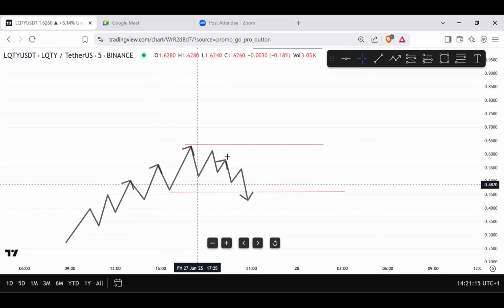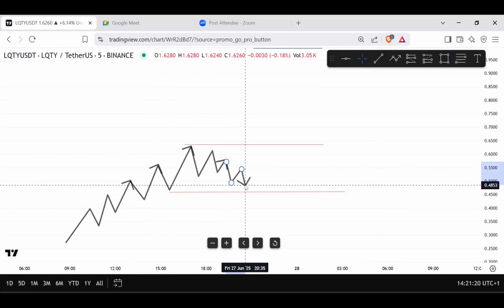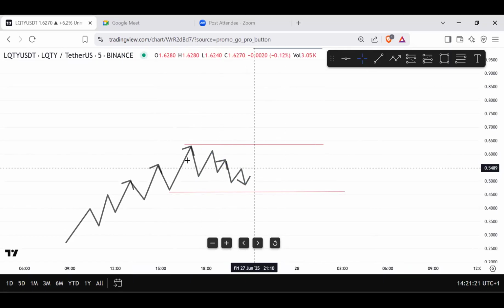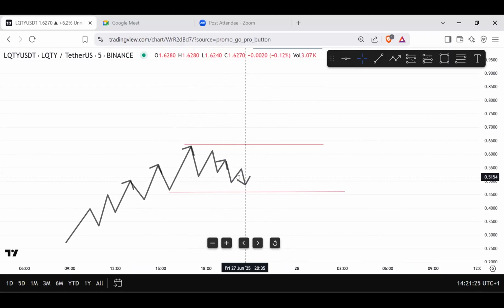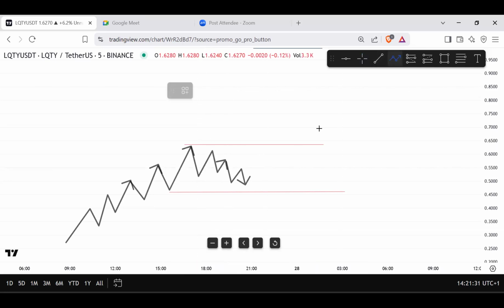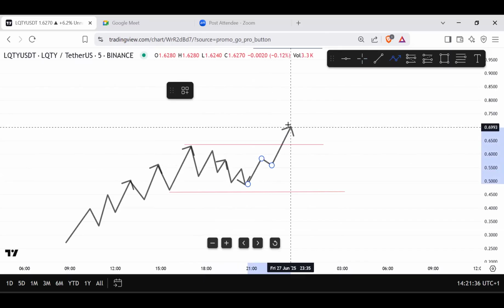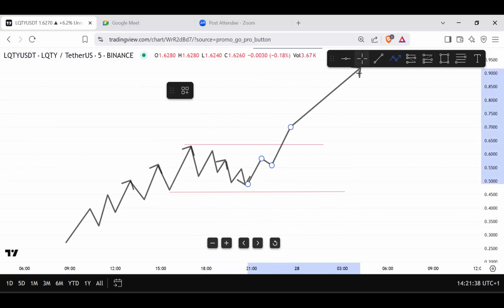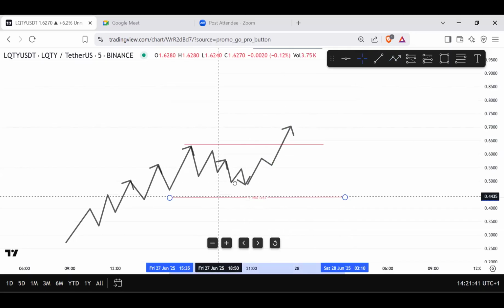Okay, so now that we've seen that, if the market is just doing this, it is not a correction. The market is still undecided because it still continues like this. And when this happens, the inducement has moved from here to here.